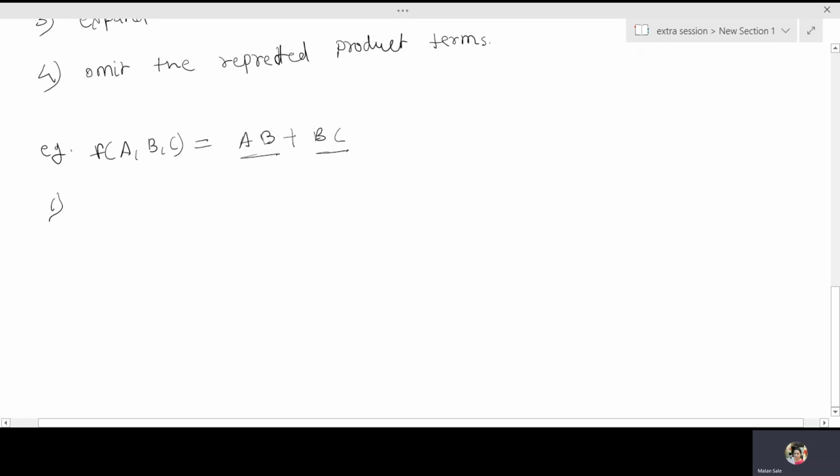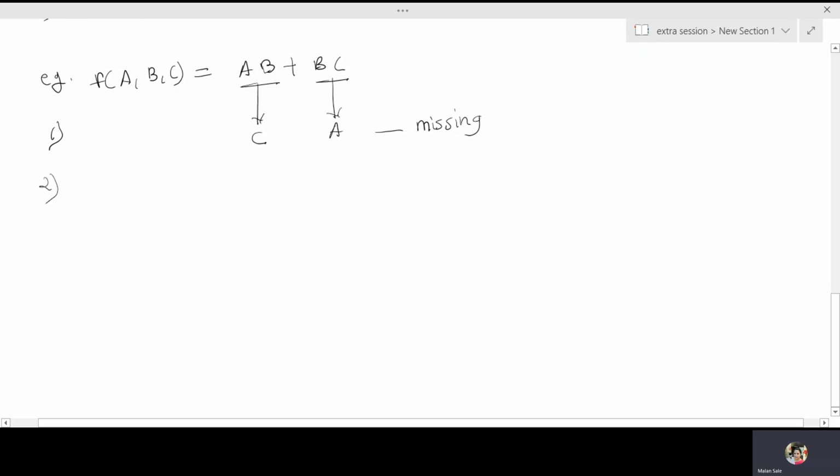Now by applying the first step, find the missing literals. In the first product term, variable C is missing. In second term, variable A is missing. These are the missing literals. Second step, perform the AND operation.